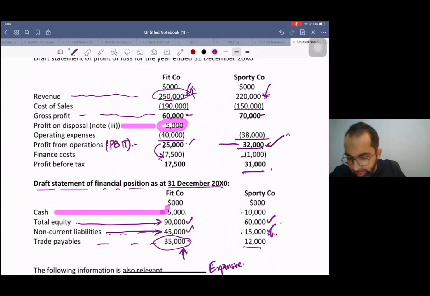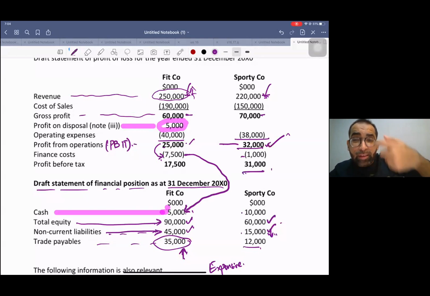Let's go to the cash side. We have this finance cost, and obviously this 7500 finance cost we need to pay. But how much cash do we have? The cash is only 5000. So that means when it comes to paying interest in terms of cash, we can't. We may be in trouble, right? So that's an alarming thing, a problematic thing with Fit company, which you need to identify.